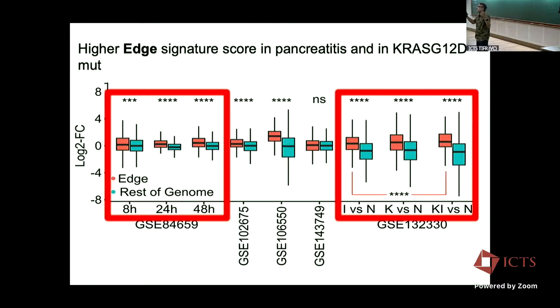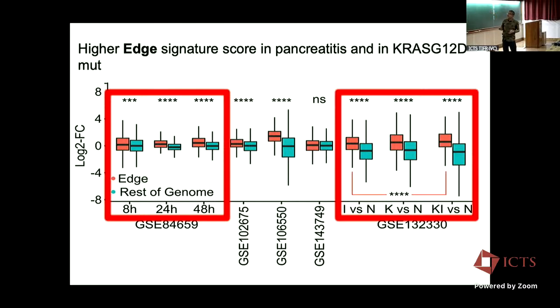In that paper, the conclusion was, yes, there is a strong synergy, because mice without the injury have some efficiency of malignant transformation, but with injury, that goes up X-fold. And that's exactly what we see. The KI is KRAS mutation plus injury. We see the greatest differential in that compared to these two.